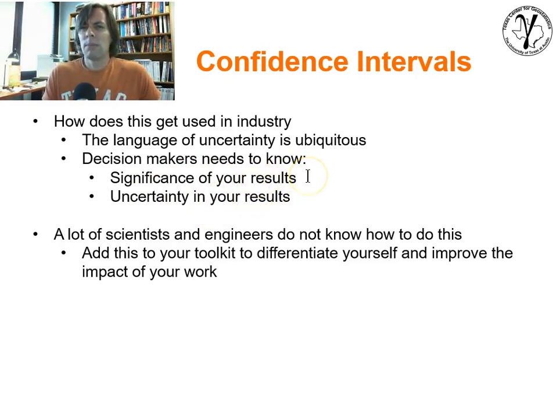If you show them two numbers and you don't show them confidence intervals, they're just two statistics. For all they know, they could be the same thing. They could be statistically indistinguishable. You've got to show them that they're statistically significantly different from each other. That's much more powerful. A lot of scientists and engineers do not know how to do this.